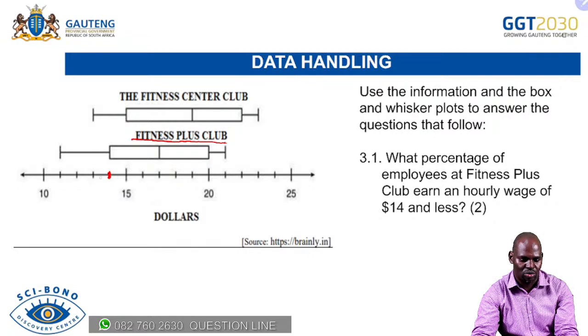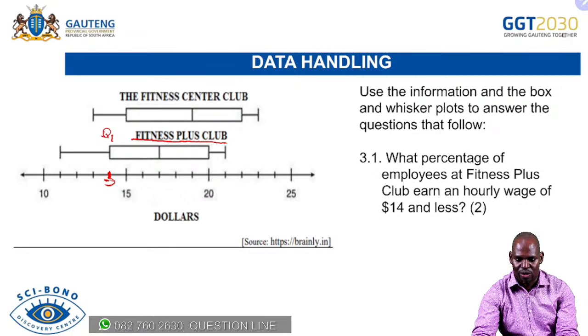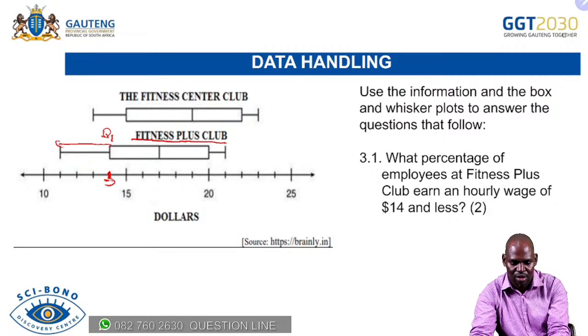So in terms of intervals, 1, 2, 3, 4, 5, each line represents 1. So this is 11, 12, 13, 14. So this is where we find our 14, and this is on quartile 1. The question is what percentage of employees at fitness plus club have an hourly wage of $14 and less. Less will be on the left hand side of quartile 1, that is 25%. So the answer there is 25%.